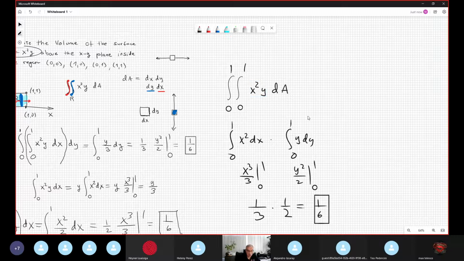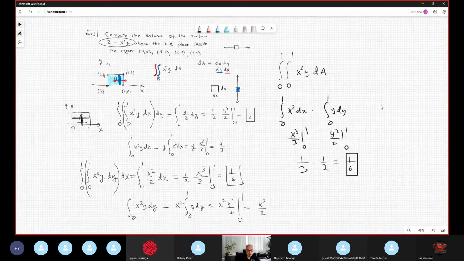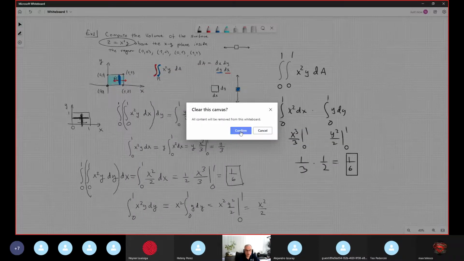When the limit is not constant, because what we explained so far is double integral in a rectangular region. I want to explain now double integral in a general region. General, that is not necessarily rectangular. In the rectangular case the limits are constant.